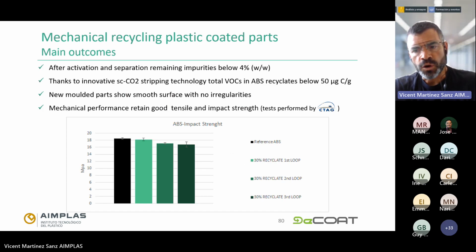As main outcomes for this case study, we were able to assess that the activation and separation of remaining impurities are in the limit below 4%.